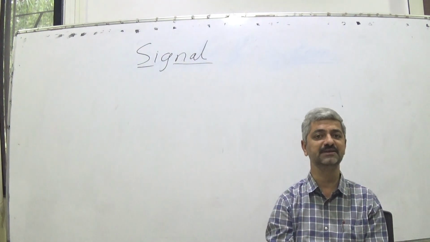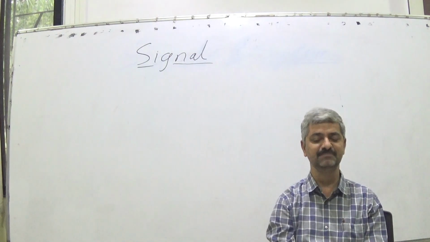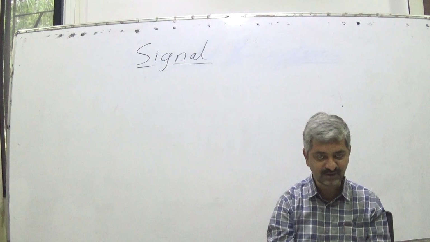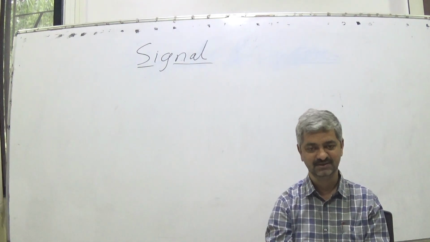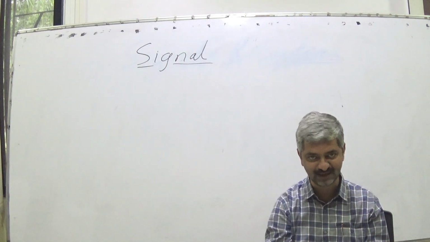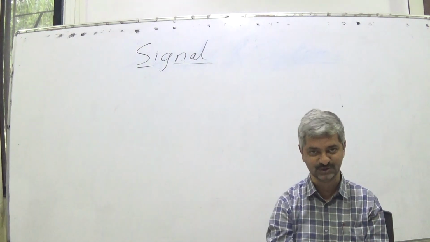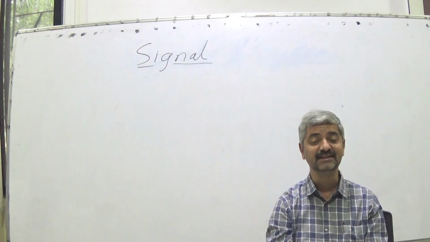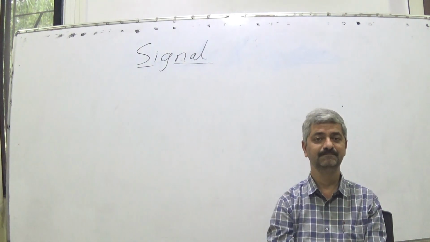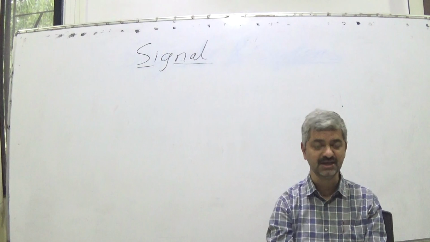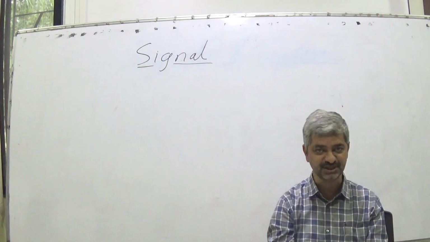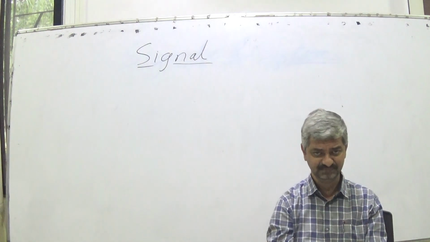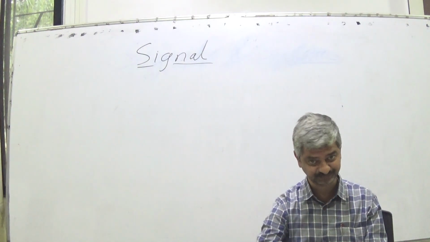So what are the physical parameters? Physical parameters are mass, or conveniently and alternatively used, weight. Right now we are not focusing on gravity. So mass, then length, then temperature, pressure, speed. It is again a position versus time.